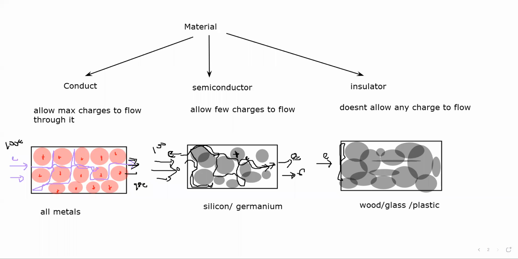So conductors have positive ions, so they are attracting the unlike electrons. So electrons find a space or a passage to move through. But in a semiconductor, few positive ions are there within the structure. That is why some of the electrons find a way to go out, the rest are stopped by the molecules. An insulator does not have free charges or ions, so it completely blocks the movement of electrons within the structure.